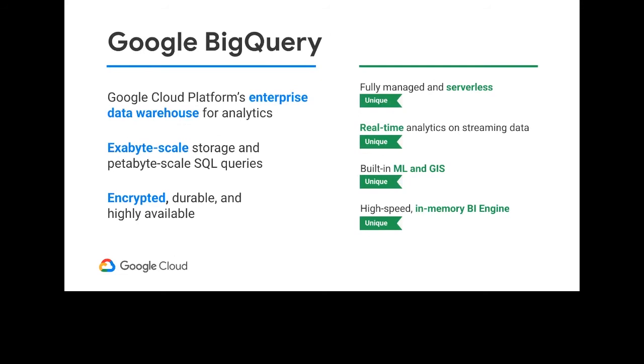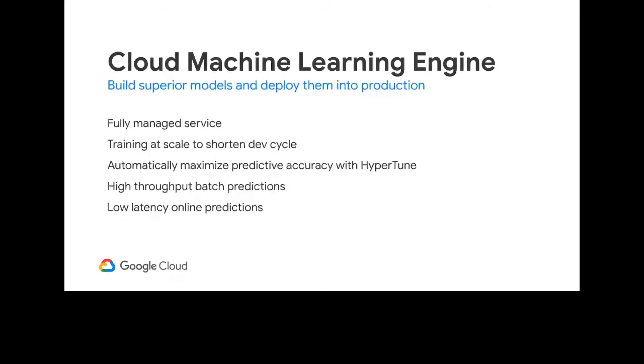You have high throughput batch predictions, and auto scaling is always available, and the end user who is using this engine isn't even aware that auto scaling is happening in the back end. The accuracy you get after running your queries is also incomparable to other cloud service providers. You can build superior models and deploy them into production in very little time.